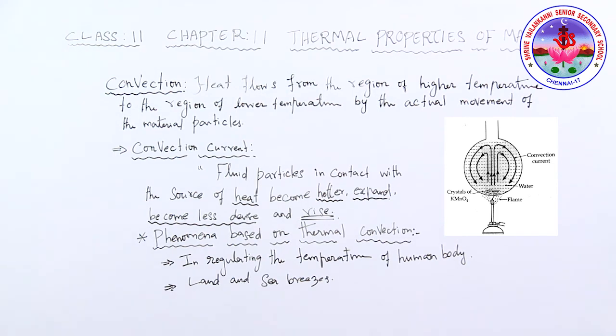So the air above the land expands and rises, and its place is taken by the colder air from the sea. So this is the land breeze and sea breeze, the circulation of air currents. Right, so this is convection and the convectional current.